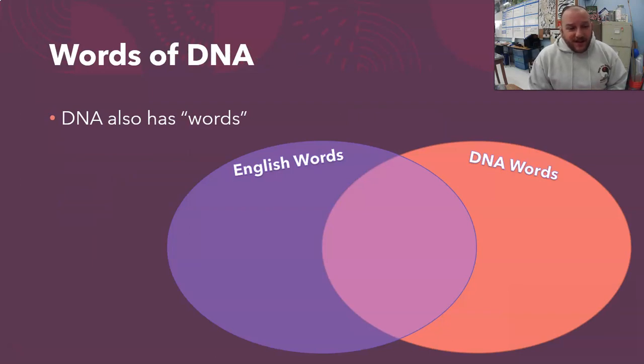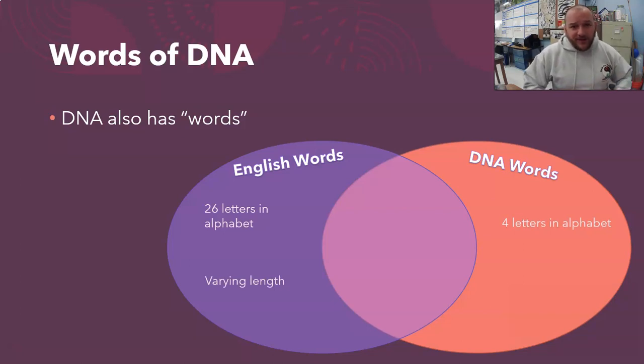So DNA and English have words that have things in common. Like we mentioned, in English, there's a 26-letter alphabet. In DNA, it's only 4 letters. In English, the words have varying lengths. It can be a 1-letter word all the way up to 10, 15 letters for some of the longest words in the world. In DNA, all words are 3 letters long. There are no words longer, and there are no words shorter.